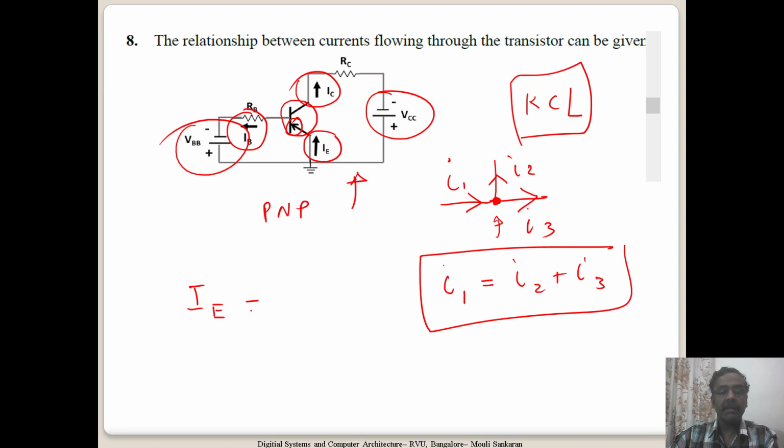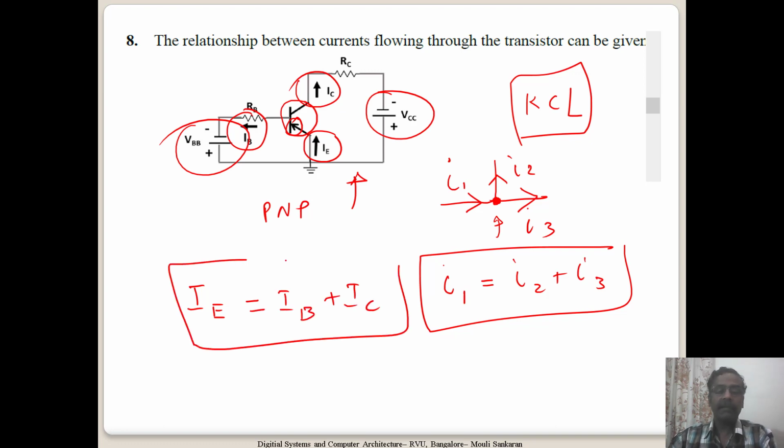So IE is coming in and IB plus IC are the currents going out. Applying the simple KCL to the transistor circuit will give you the relationship between the currents. So emitter current is equal to base current plus collector current.